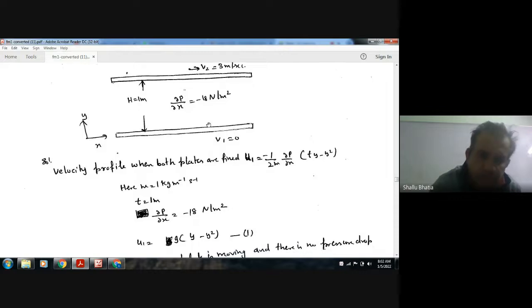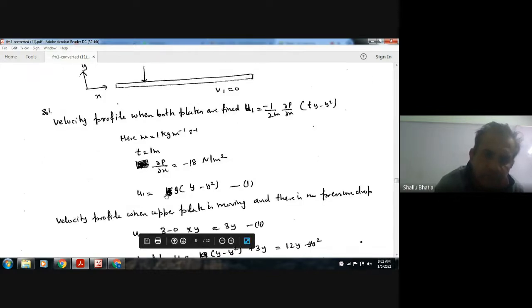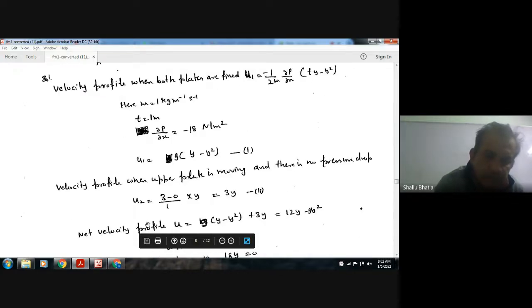Then at a distance y, the velocity will be according to Newton's law of viscosity.